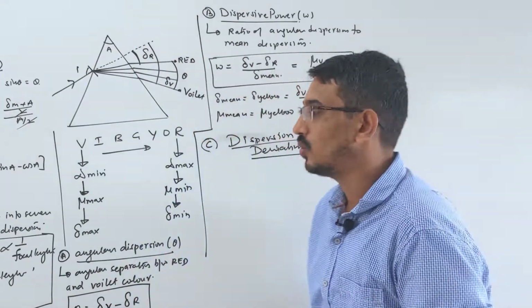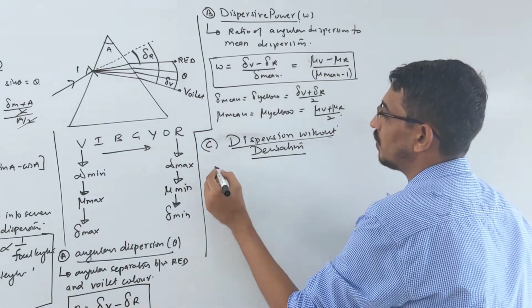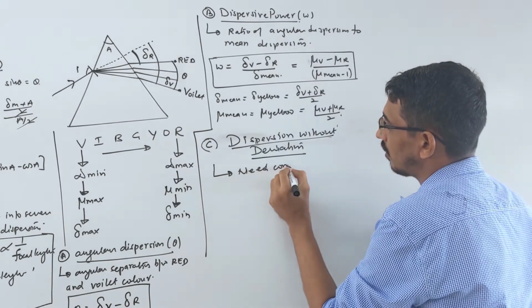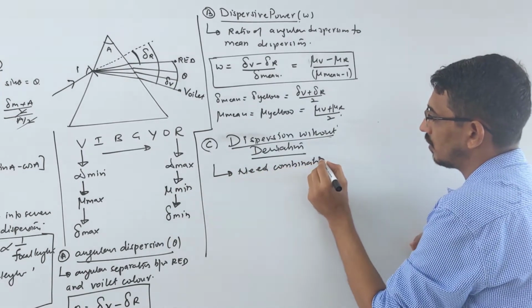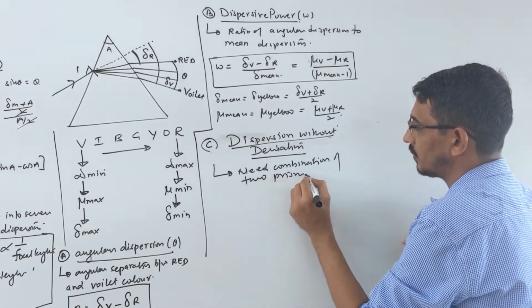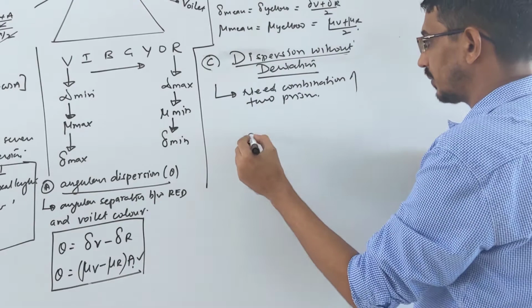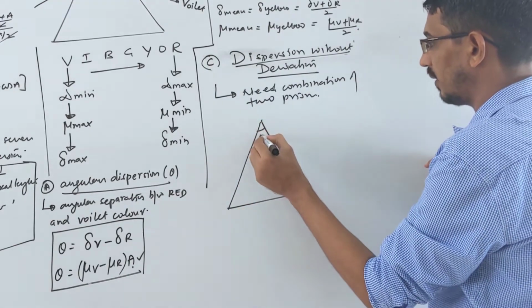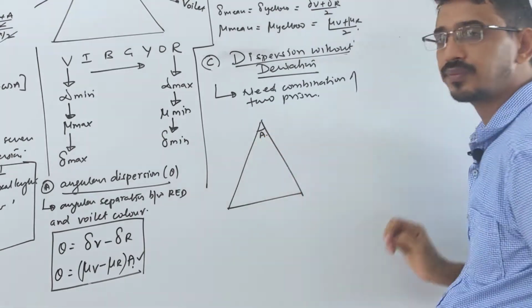So what will happen? We need a combination of two prisms. Look here at how they look. This is one prism of some angle A with refractive index mu.